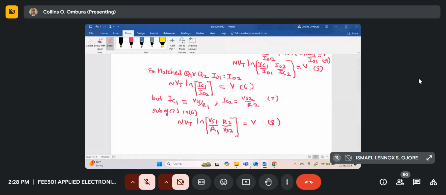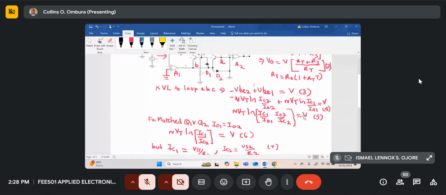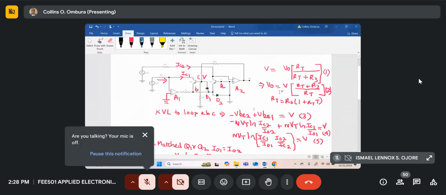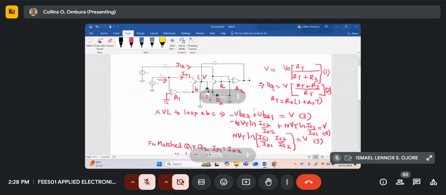So now knowing V, we can determine what the output voltage is. Now from, I think, equation 3, or from equation 2, V naught was equal to V into brackets RT plus R3 over RT. Or you can write maybe 1 plus R3 over RT too.